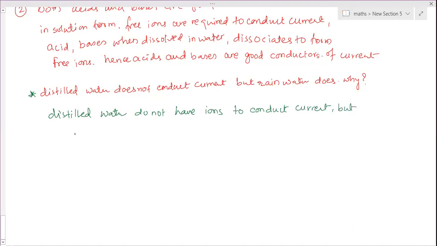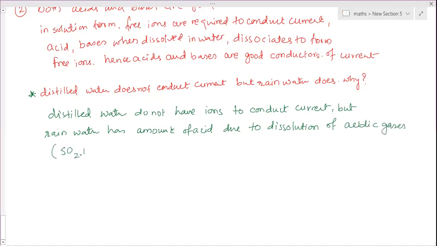But rainwater has some amount of acid due to dissolution of acidic gases.